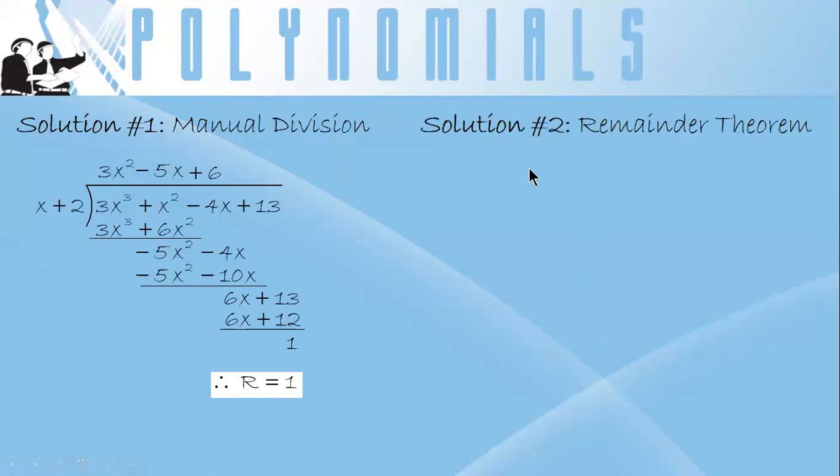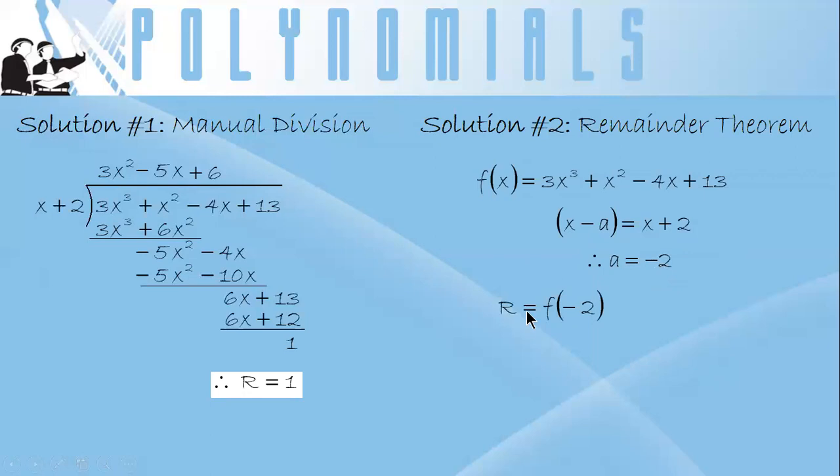Okay, solution using the remainder theorem, for the board exam. This is our polynomial and our divisor x minus a is equal to x plus 2. Therefore, our a is negative 2, because minus negative 2 will be plus 2. So, the remainder is f of negative 2.